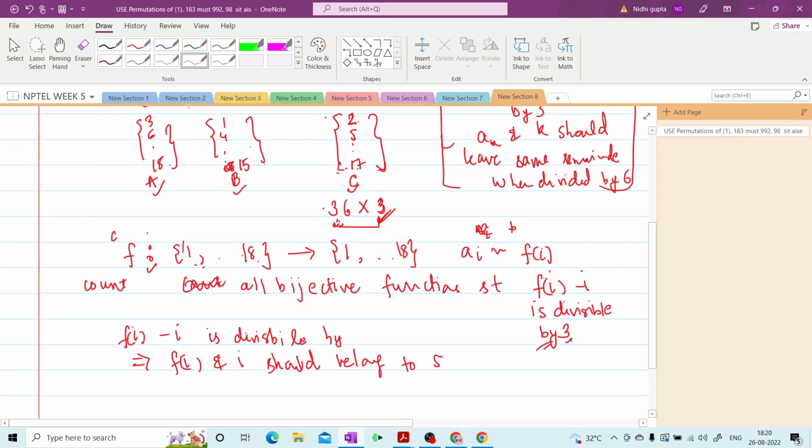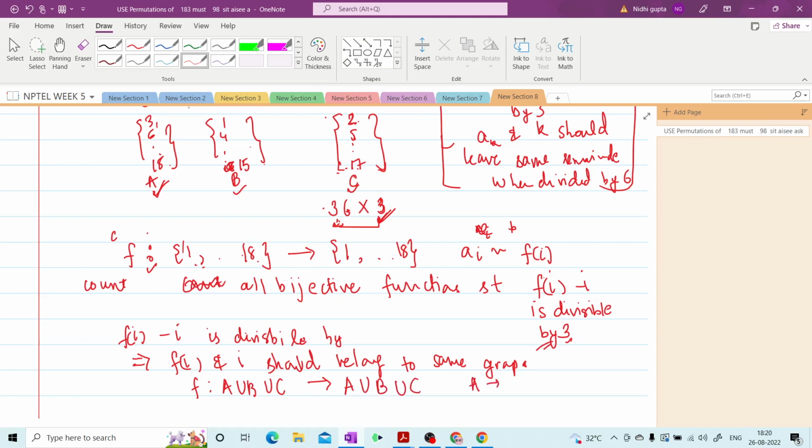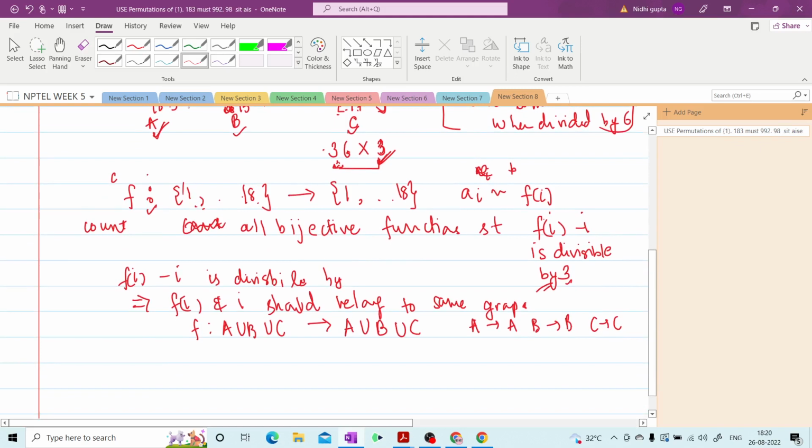So basically, your function is going from A union B union C, and you have to construct a bijective function from A union B union C such that A goes to A, B goes to B, and C goes to C. Is this clear?